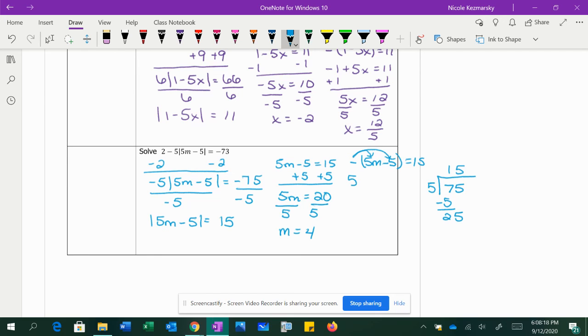So I'll get negative 5m plus 5 equals 15. I'll subtract 5 from both sides and get negative 5m equals 10. I'll divide both sides by negative 5 and get m equals negative 2.